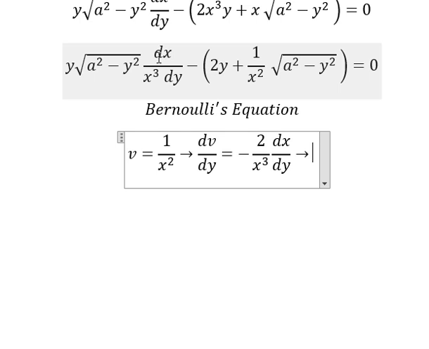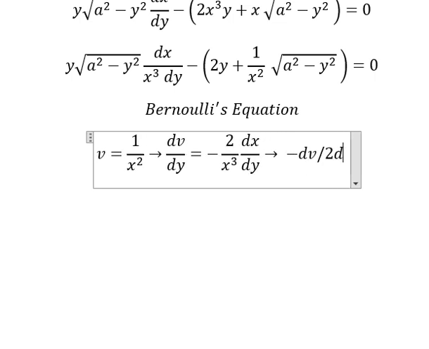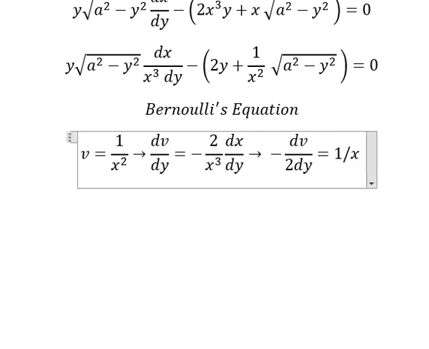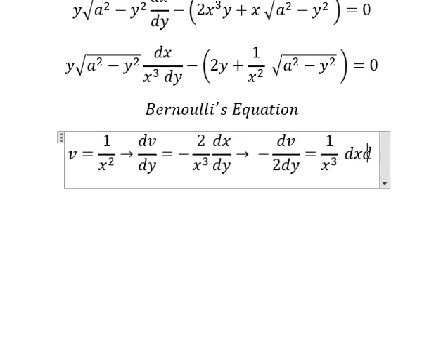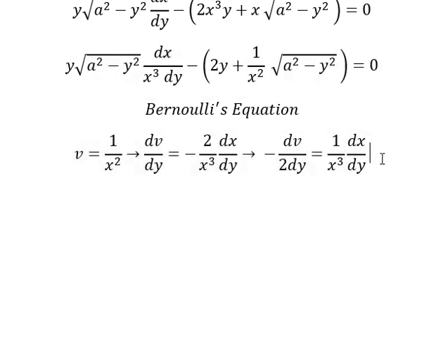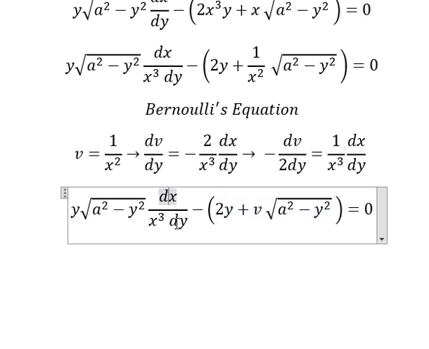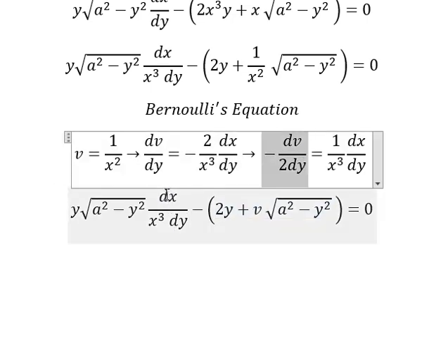Because we don't have negative number 2, we divide both sides by negative number 2. This one we change by v. This one we change by this one.